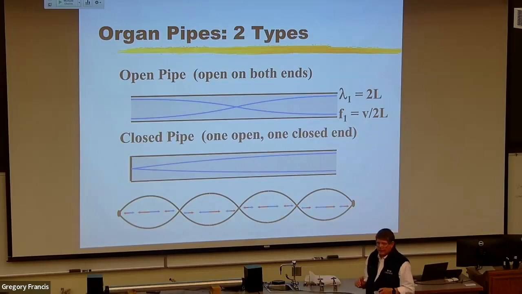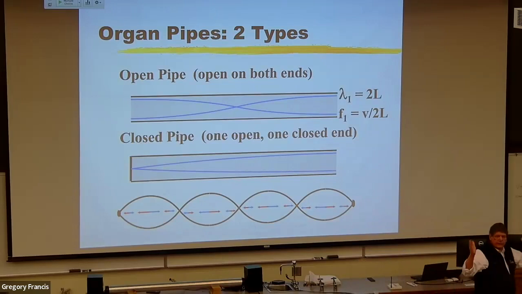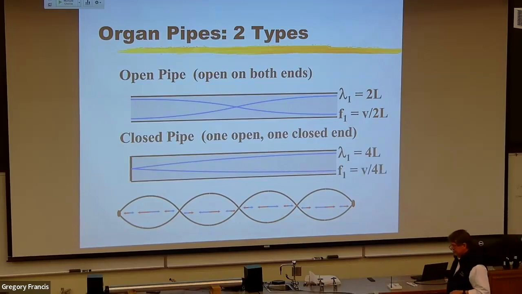There's a hard wall there. But the open end, again, is an antinode. And whenever we have different ends, one a node and one an antinode, we can only fit half a football in there. And that's only a fourth of a wavelength. So that means the wavelength now is 4 times the length of the pipe. And we get that for the fundamental frequency.